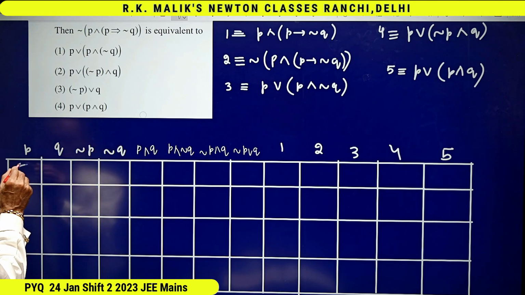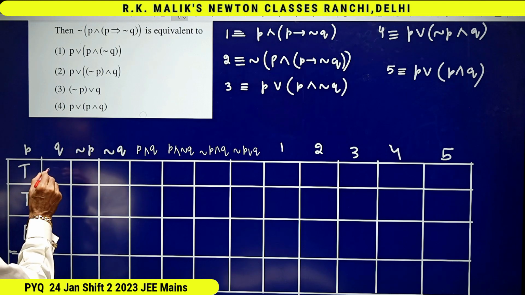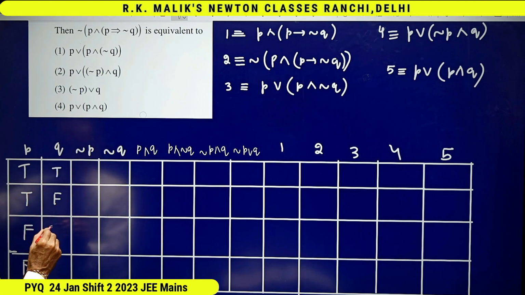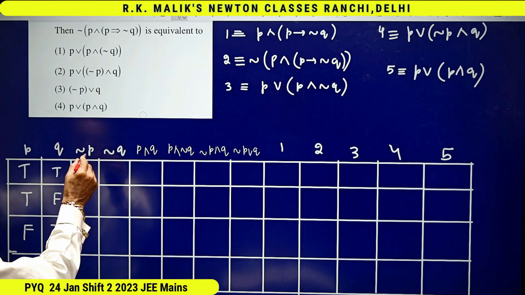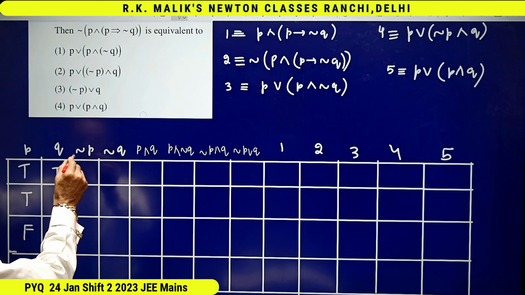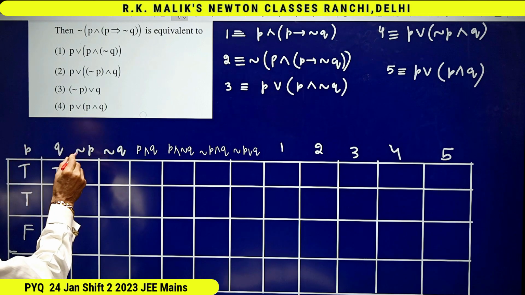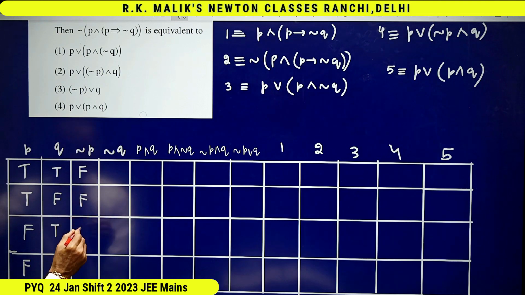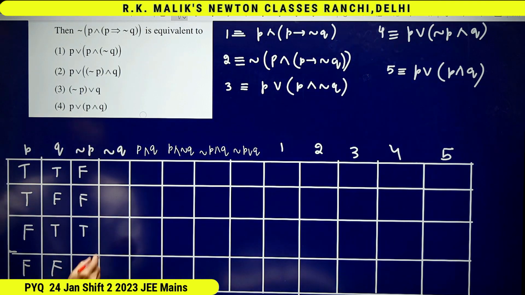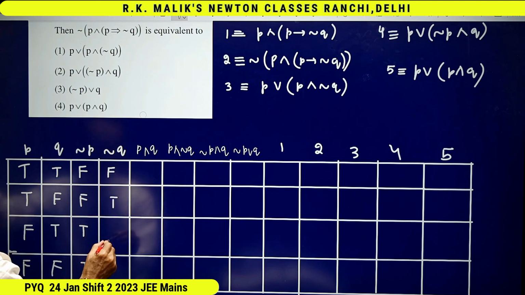You must be knowing T, T, F, F, T, F, T, F, and negation P is true when P is false, and if P is true, then negation P is false. Therefore, we will be getting F, F, T, T. Negation Q will be F, T, F, T.